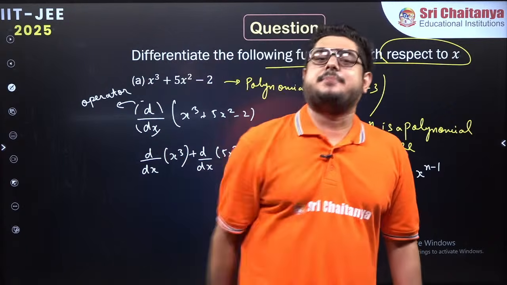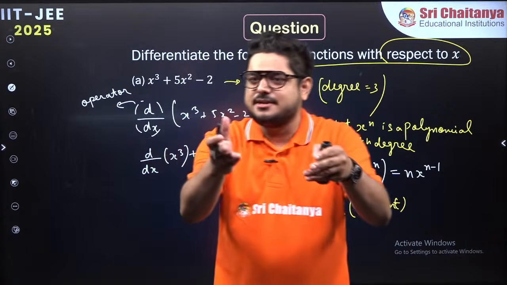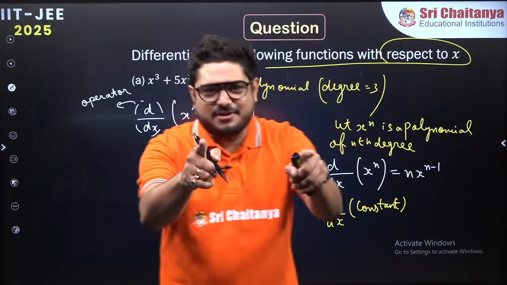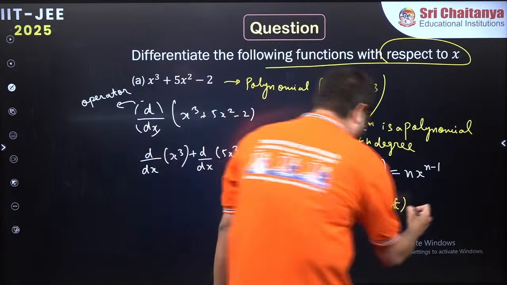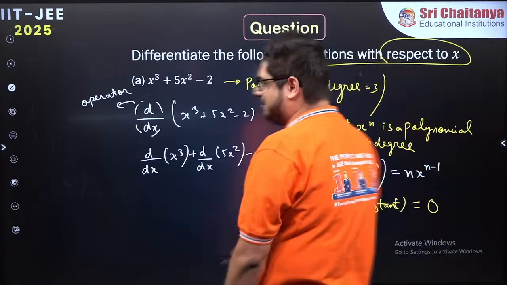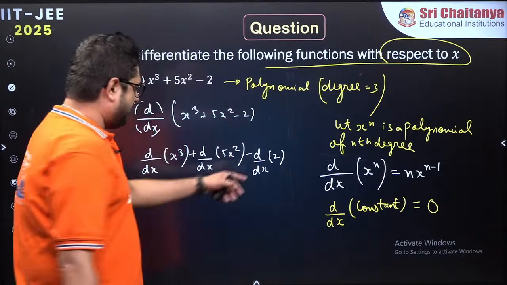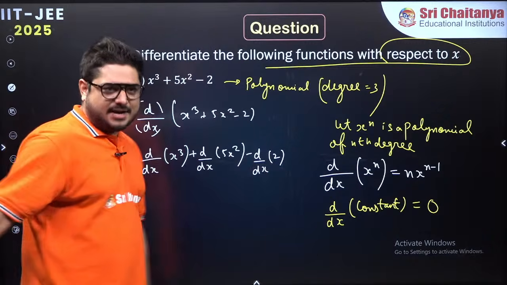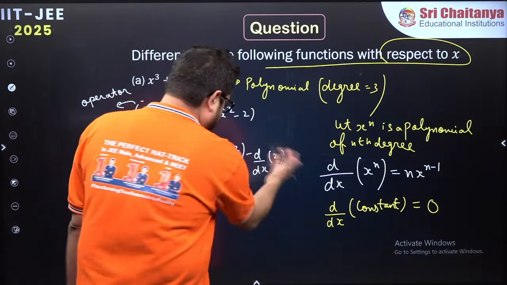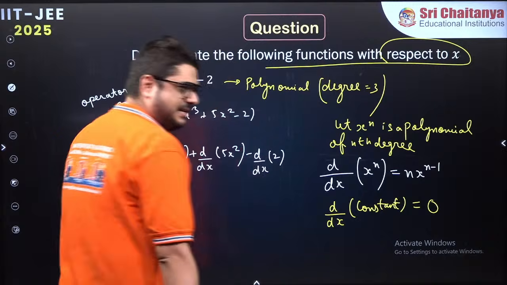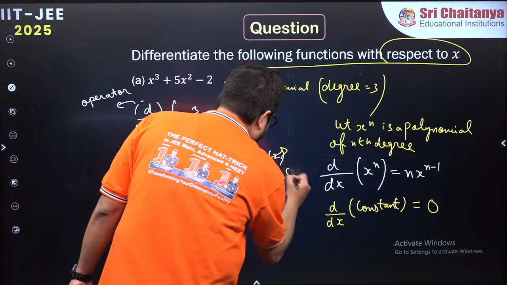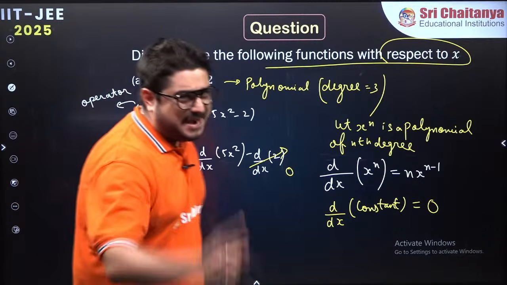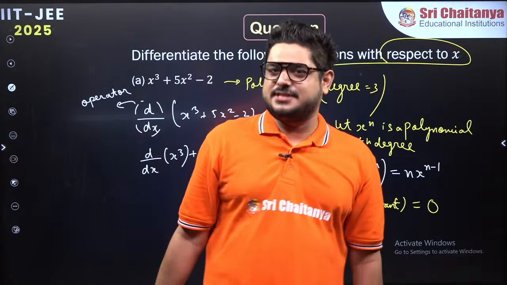If I am going to perform dy by dx, it is going to be equal to 0. d by dx of any constant will give us 0. So it's an obvious thing. The term to the right of this negative symbol, d by dx of 2, is going to be 0.